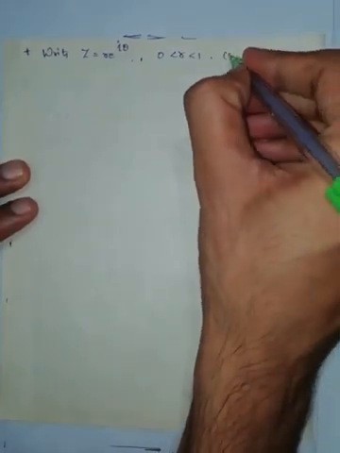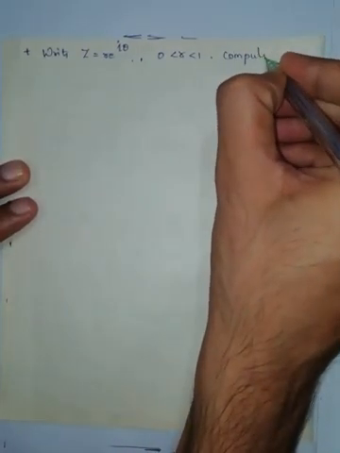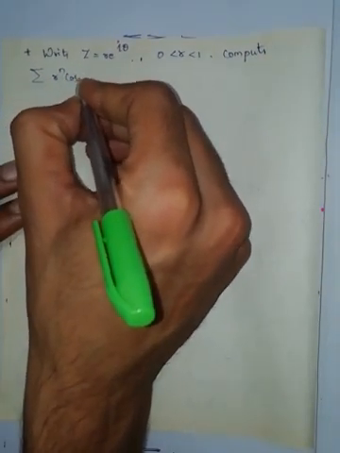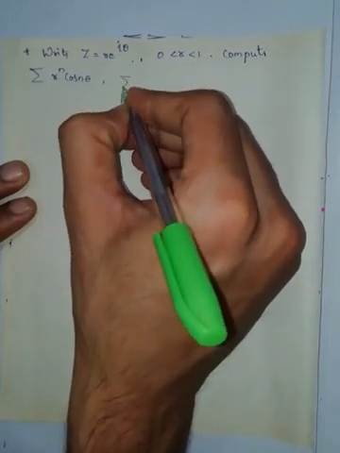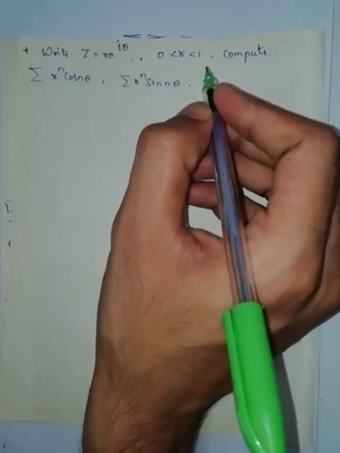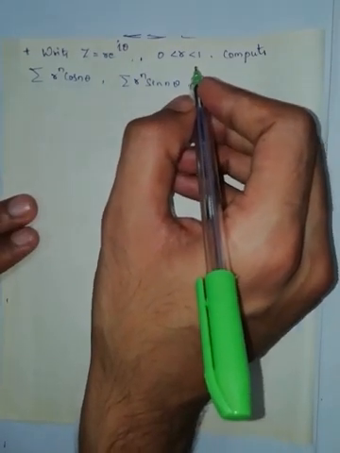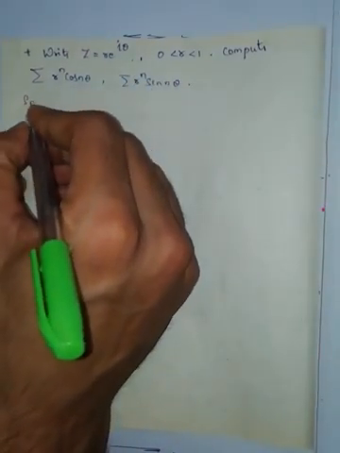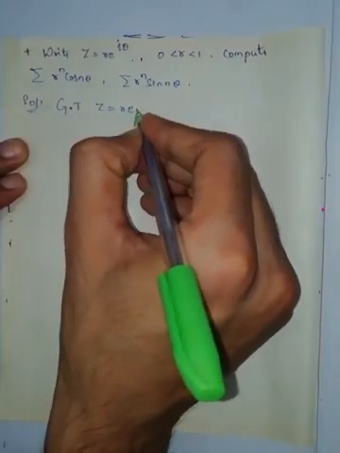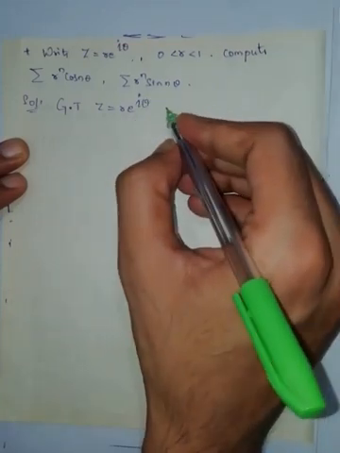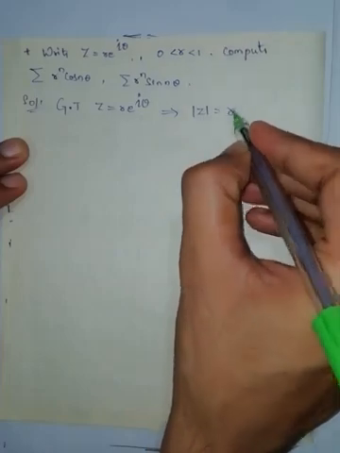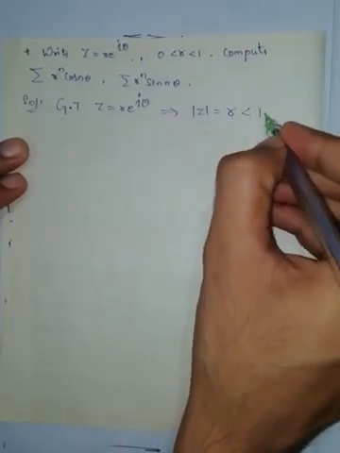Compute summation r to the power of n cos n theta, and summation r to the power of n sin n theta. Now, solution. Given that z is equal to r into e to the power of iota theta, then modulus of z is equal to r, given that r is less than 1.